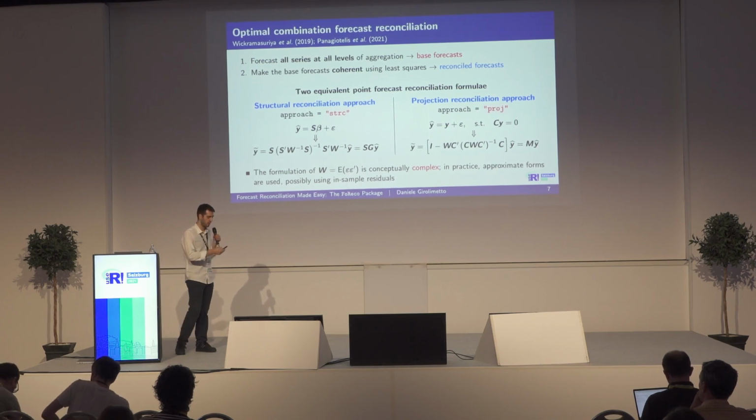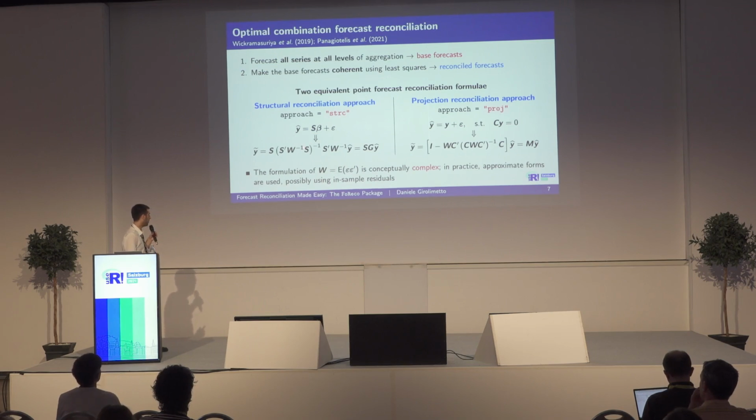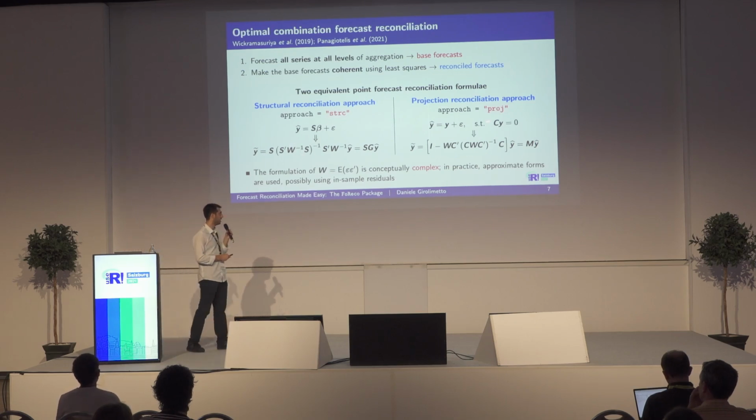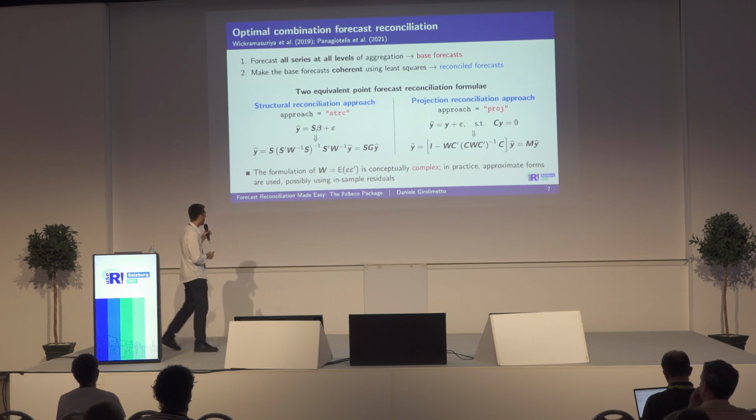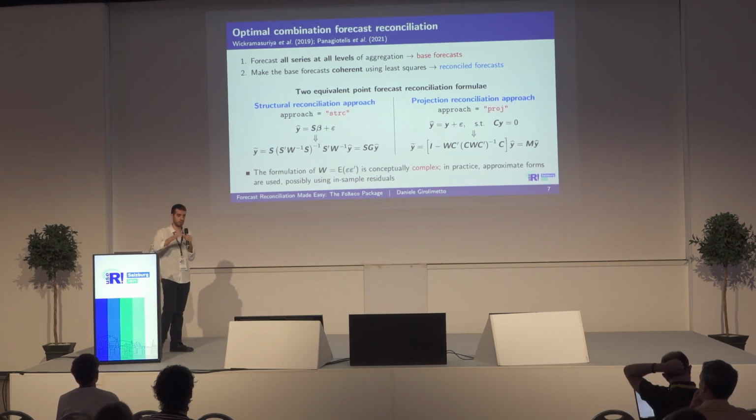Why this freedom? Because as you can see, the computational time is different. There are two problems in this formula: the inversion of the W and this second inversion. In this case, we have only this inversion. The W is considerably complex, and in practice, we use some approximation form. Some of them are also diagonal.